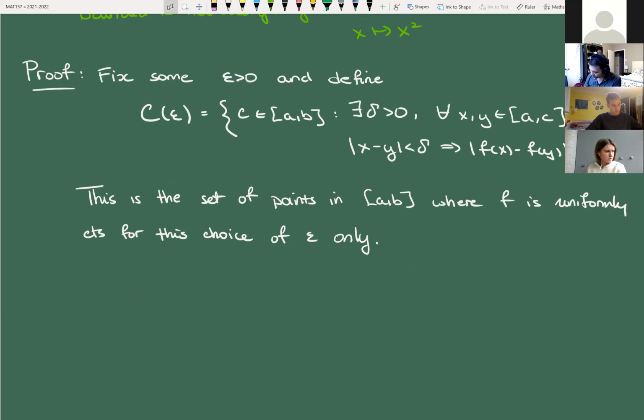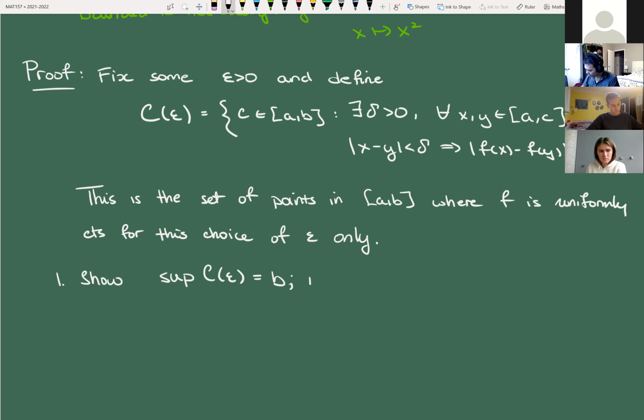So what we're going to show, one, is that the supremum of C sub epsilon is b, i.e. the function is epsilon uniformly continuous for the entire interval [a, b].